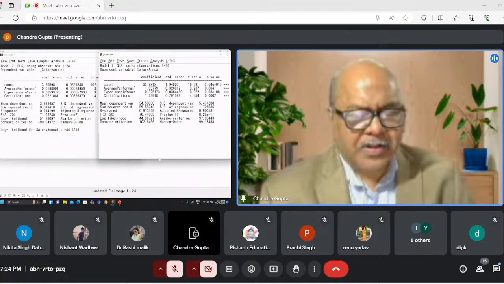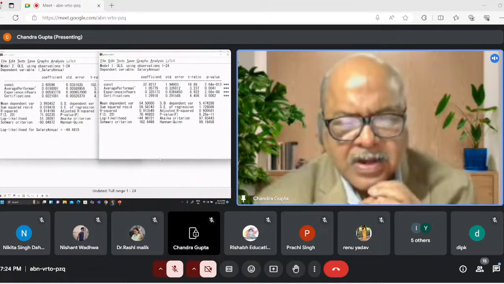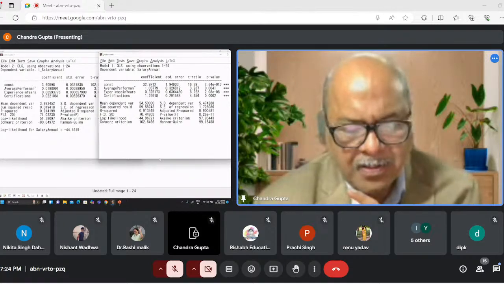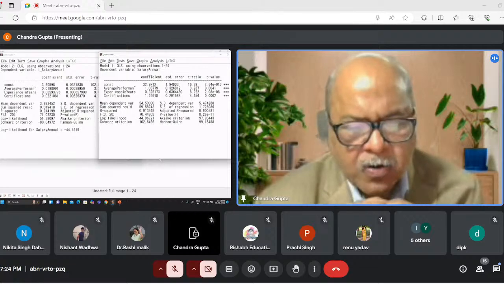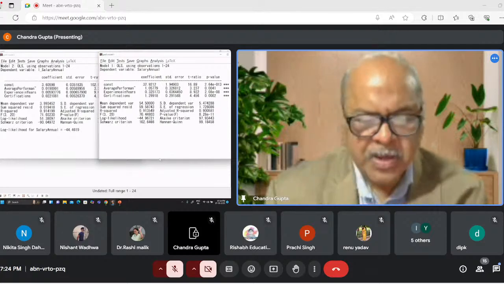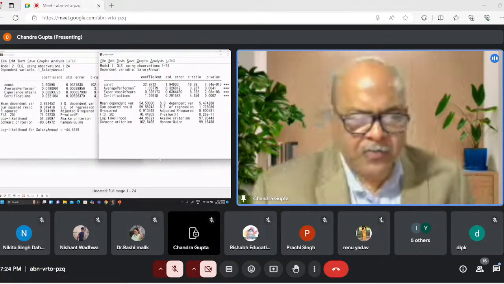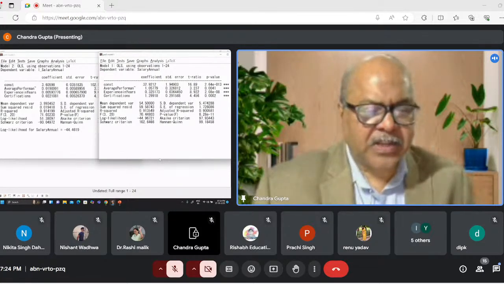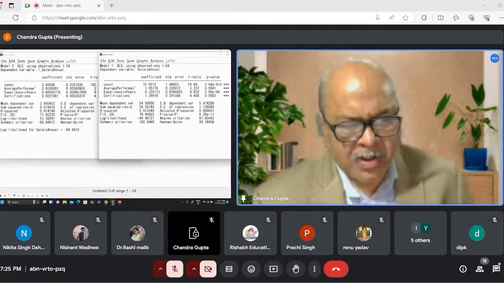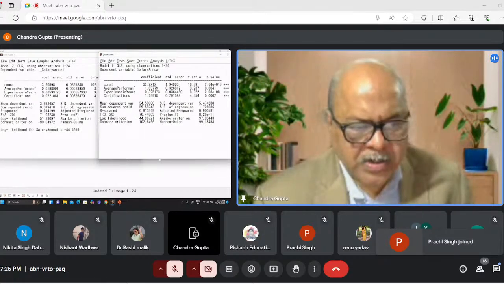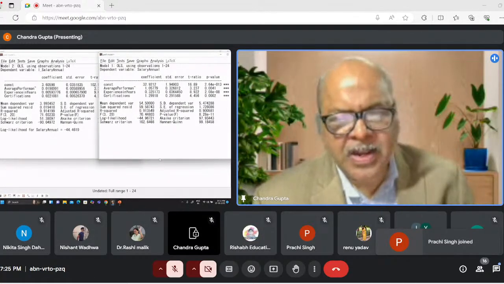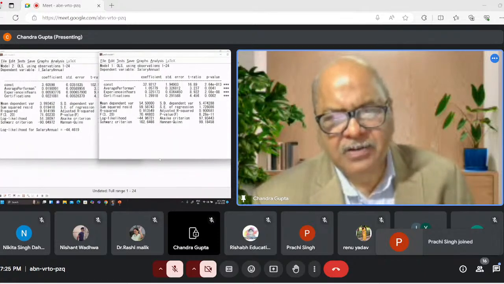If you compare these two results, you will find these two results are different because I have taken log of y, log of salary. So in that case, interpretation of the coefficient in case of a log will be 1 unit change in experience, for example, will lead to 0.0059 percentage change in salary.